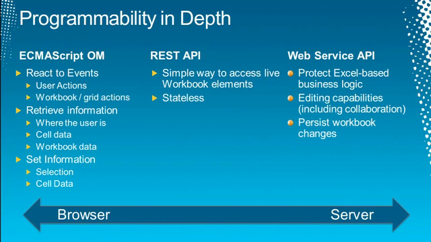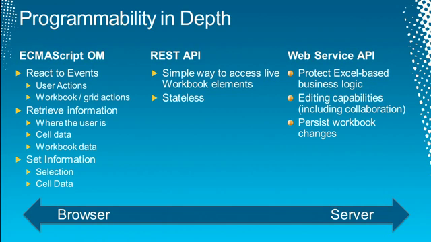And we have what's called the ECMA, and just think JavaScript object model. So that can now react to events, react to user interactions. It can retrieve information out of the document through the JavaScript object model, and we can push data into the document through the JavaScript object model. So from the browser perspective, we have the JavaScript object model that can interact with the document.